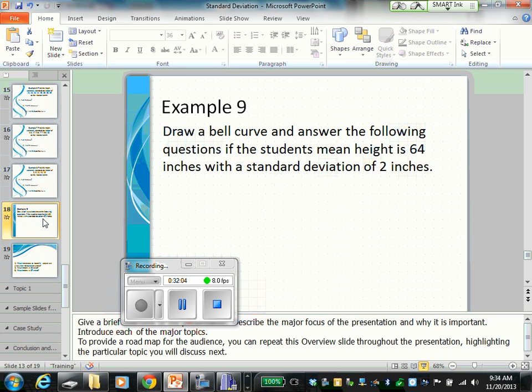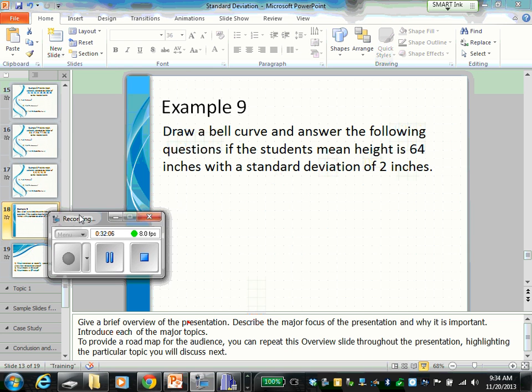So, this is our last example. We're going to draw a bell curve and answer the following questions. If the students' mean height is 64 inches, with a standard deviation of 2 inches.